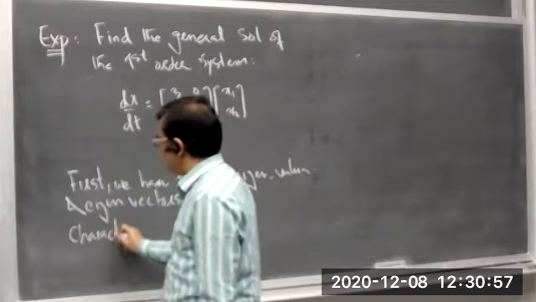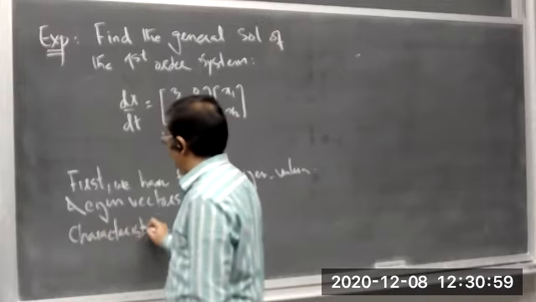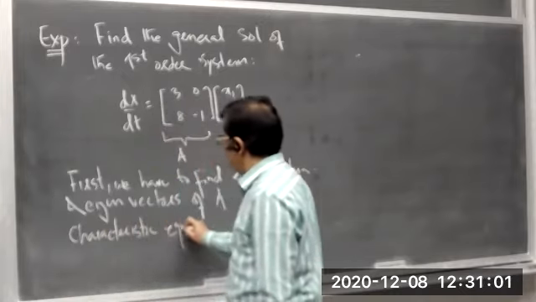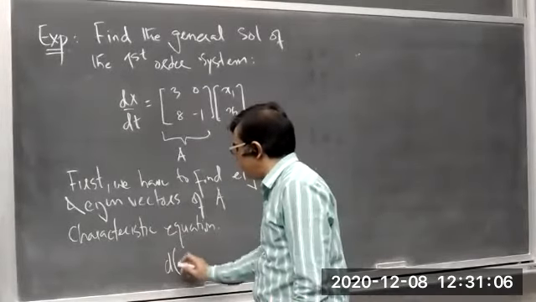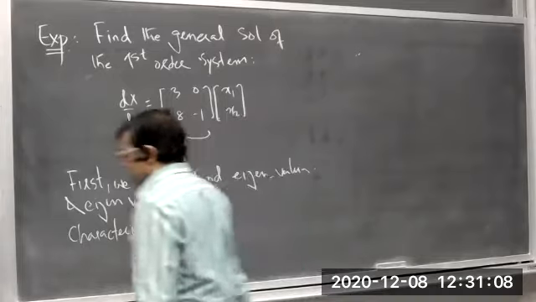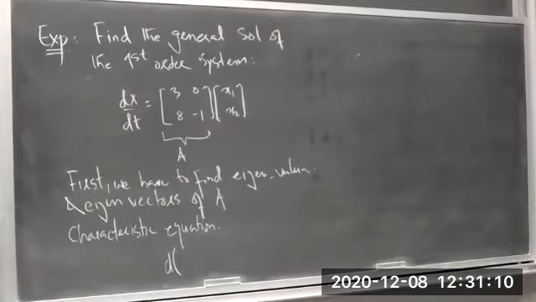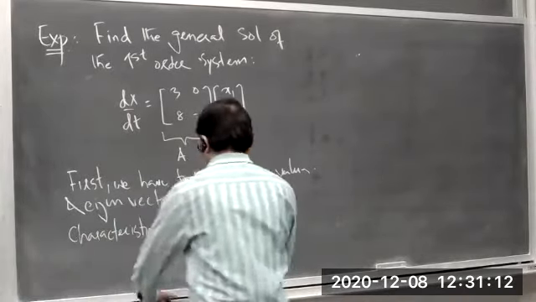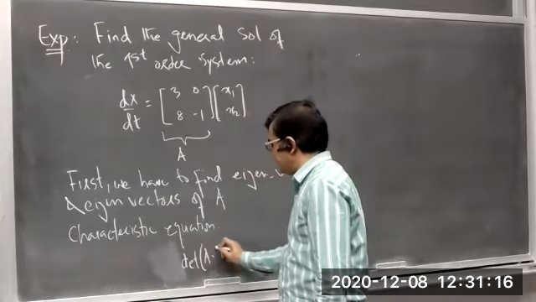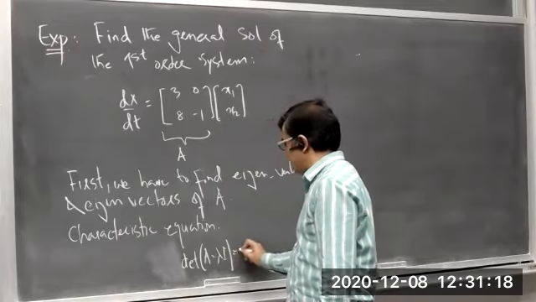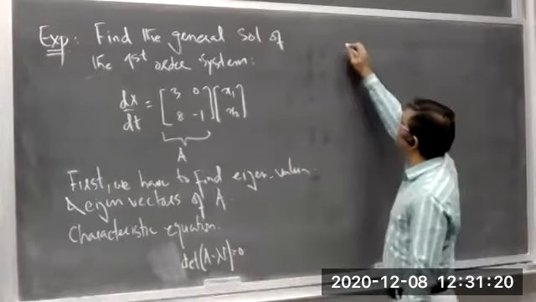I told you the characteristic equation is what? It is the determinant of A minus lambda I, and we put it equal to 0. Now, what is this equation?